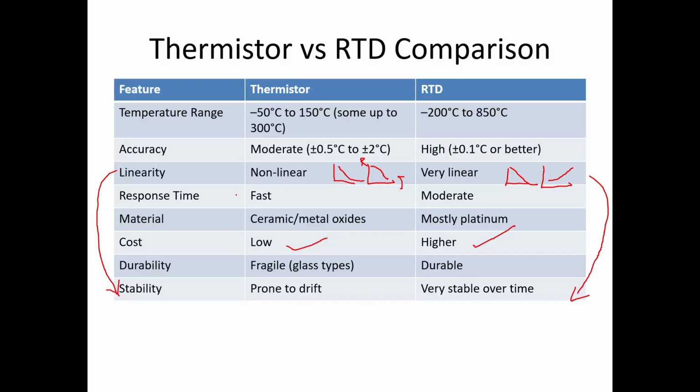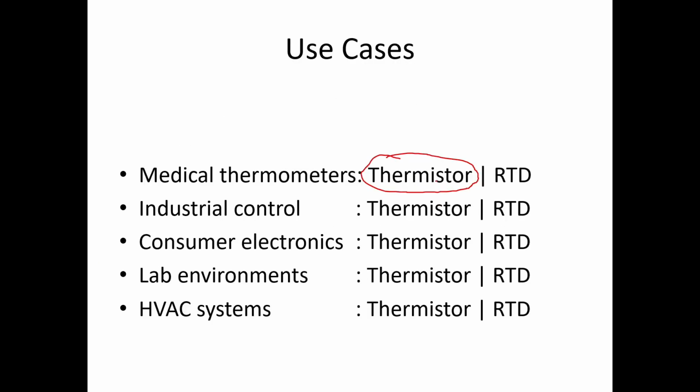If we can produce a lot of thermistors, we can produce thermometers a lot more, meaning that the thermometer will be cheaper and we can use it in hospitals more, even though the accuracy is a little bit off, between 0.5 to 2 degrees Celsius. But the main thing is we can measure the temperature of a human body within a certain limit, and it will also be cheaper. So that's why we use thermistor.